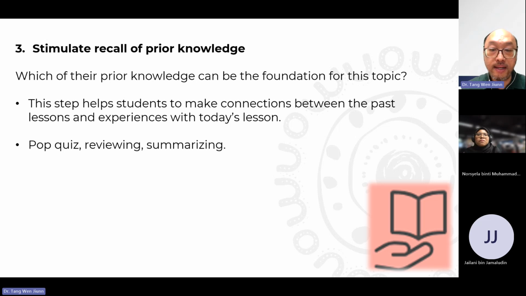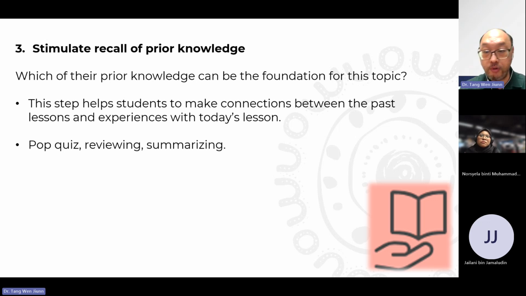This one here is the pre. Before you jump into the actual content, you want to stimulate recall of prior knowledge. Let's say whatever they're going to learn today has a foundation they have learned earlier, maybe in high school or the previous class.